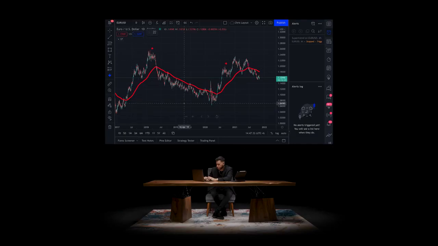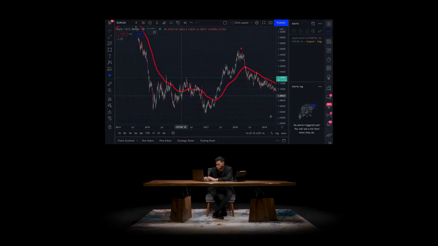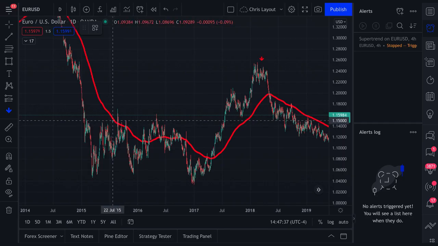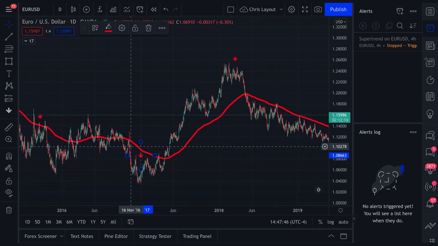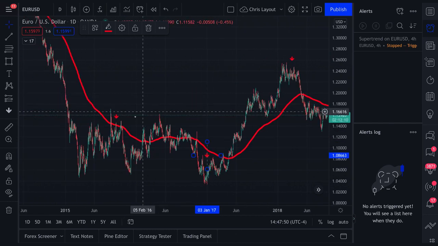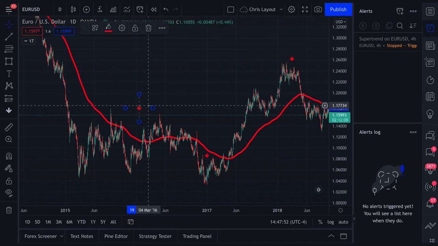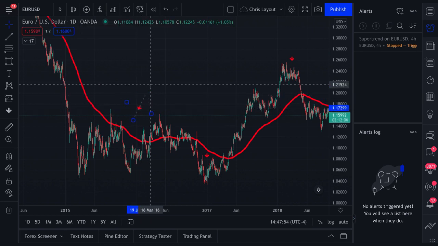Okay? So we have another one here. Another one here. Another one here. You know? Even this area entirely is a big consolidation, right?